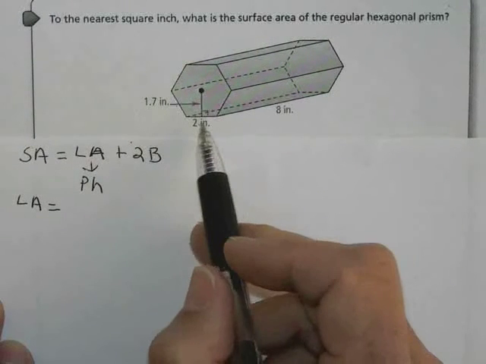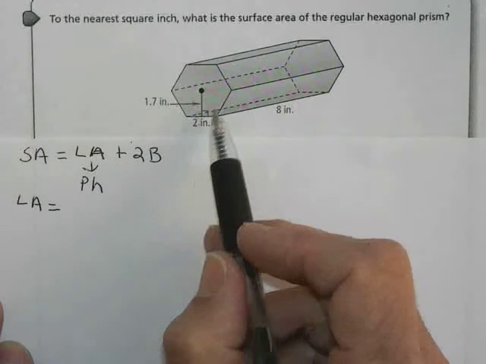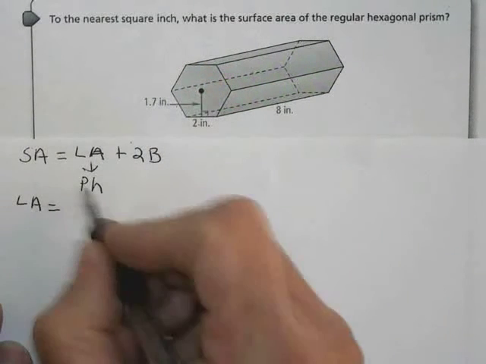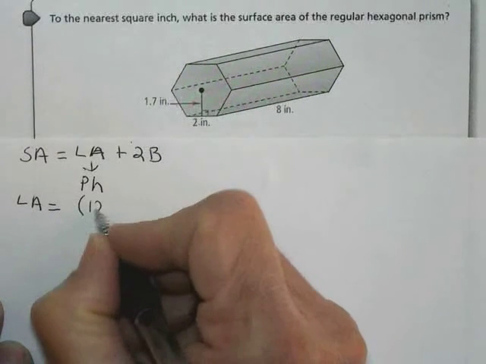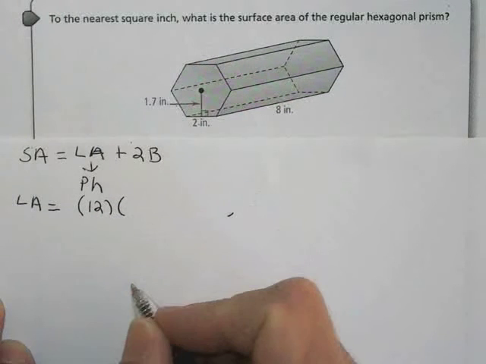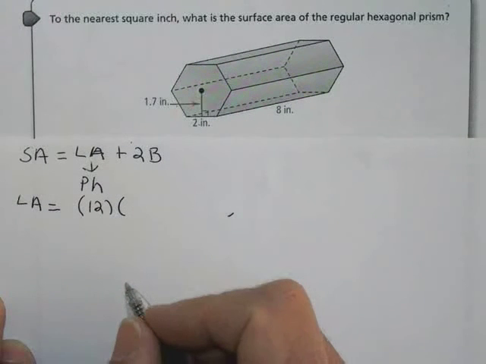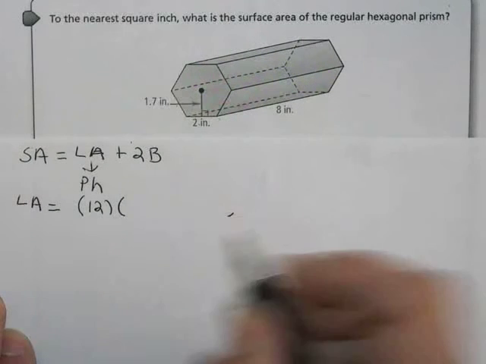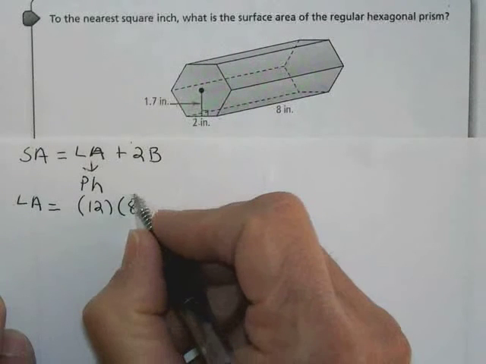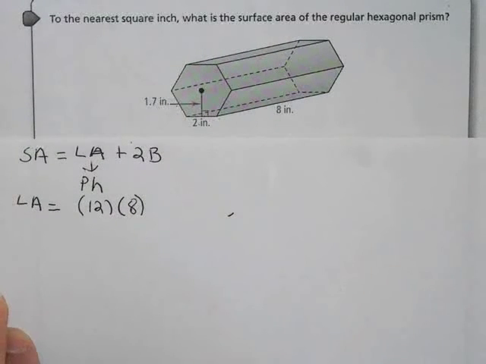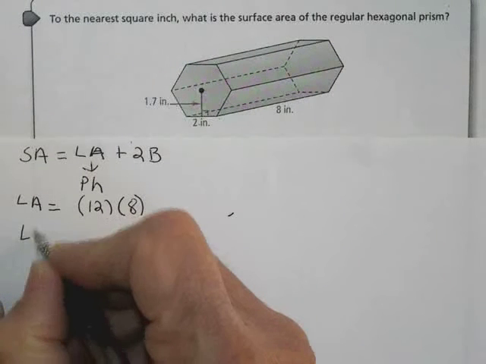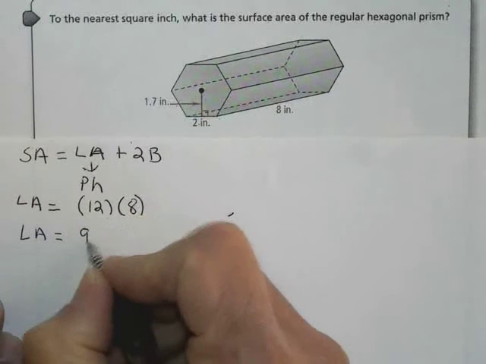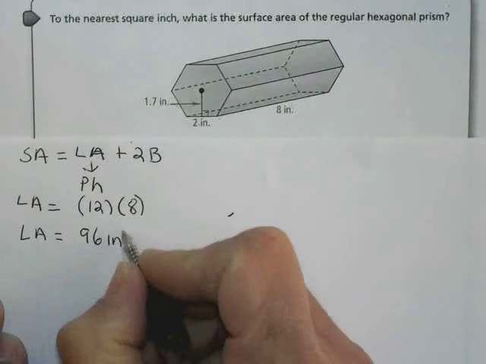There are 6 sides here, and each of them is 2: 2, 4, 6, 8, 10, 12. So we're going to multiply 12, and this is all in inches, by the height. The height of this hexagonal prism from here to here is 8 inches. So I'm going to multiply 8 by 12, and I'm going to get the lateral area as 96 inches squared.